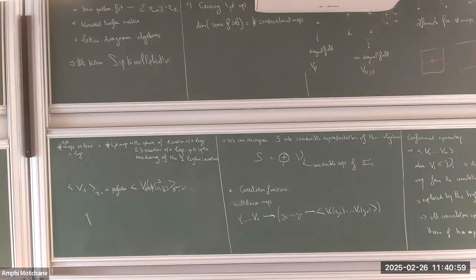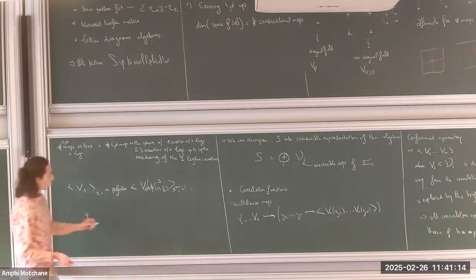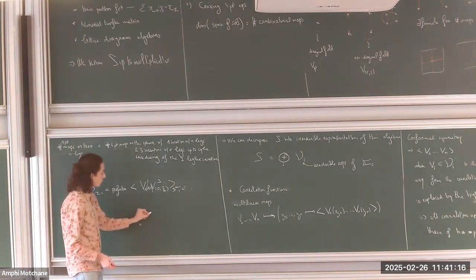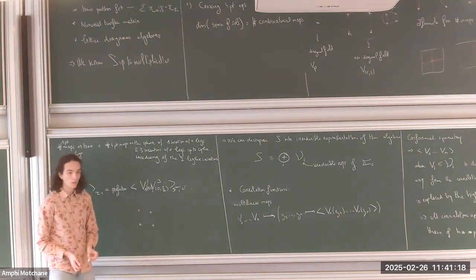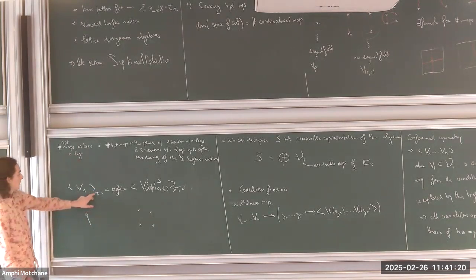So you are essentially evaluating this 4-point function on a particular configuration of points. Yes, and this particular configuration corresponds to a certain value of the cross ratios, which is also related to tau. Yeah, I'm evaluating it at a certain particular position of the 4 points, which is fixed by tau.